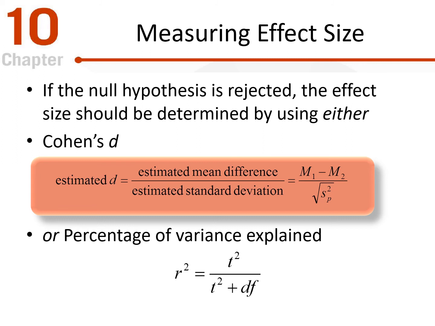So if you calculate the pooled variance and you take the square root of it, you have the denominator, and the numerator is the same thing you have in the t-test, mean 1 minus mean 2. As you can see here, there's no reference to sample size. So effect size always is the importance of the effect of the independent variable without relying on the sample size.